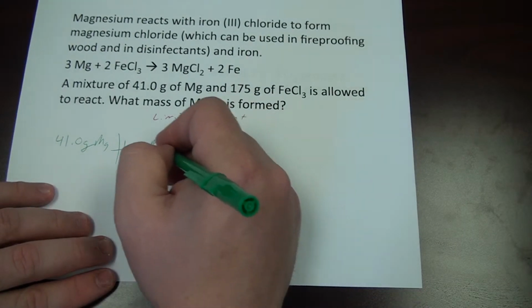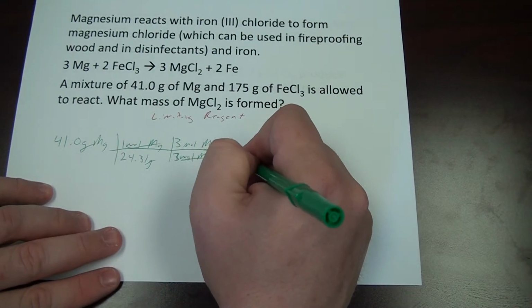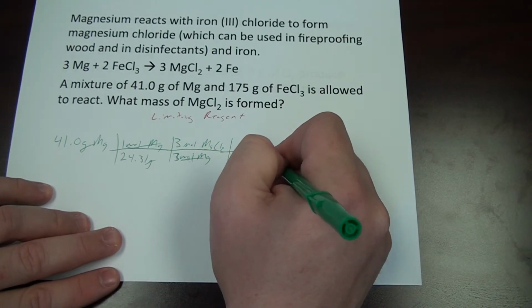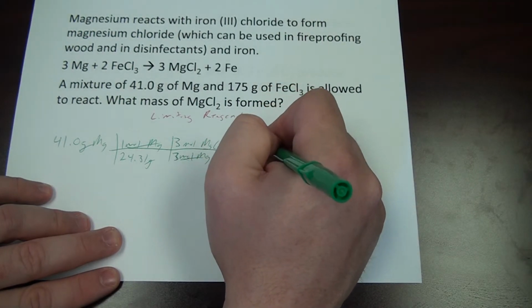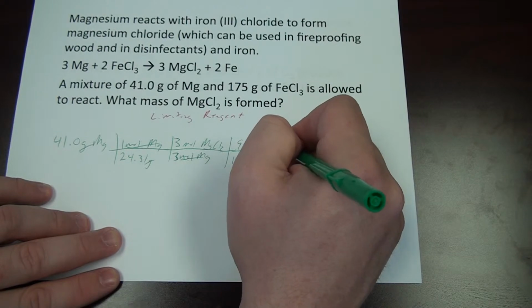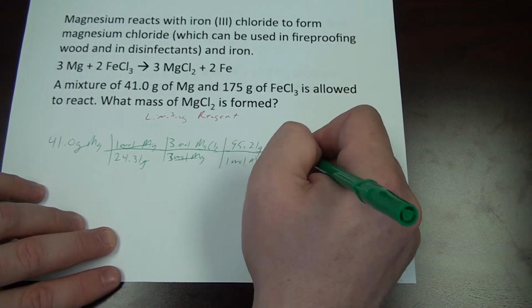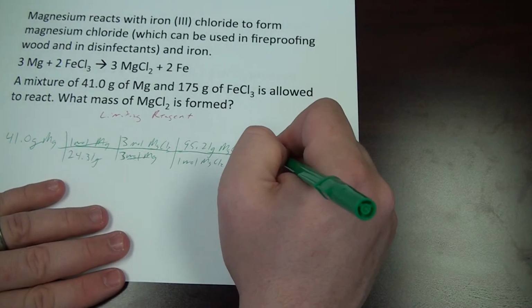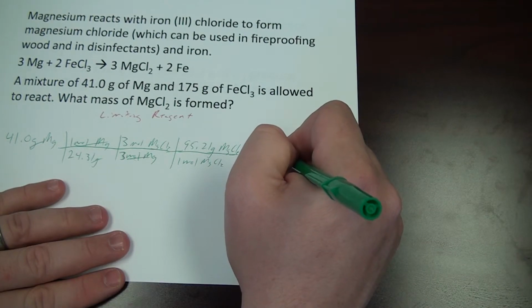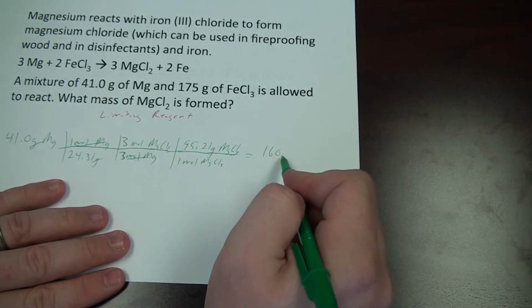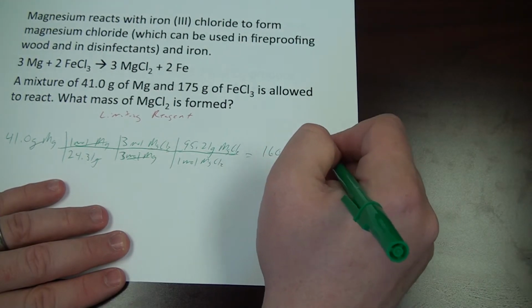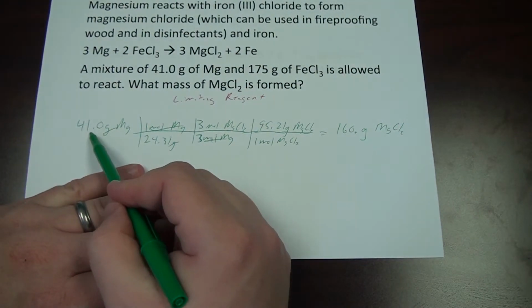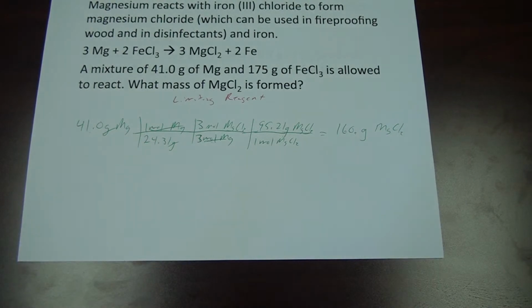And then for every 1 mole of magnesium chloride we produce, that's going to have a mass of 95.21 grams of magnesium chloride. So if we do this, we're going to find we get 160. grams of magnesium chloride. 3 significant digits, 3 significant digits.